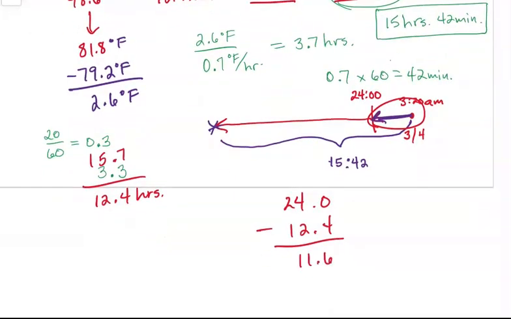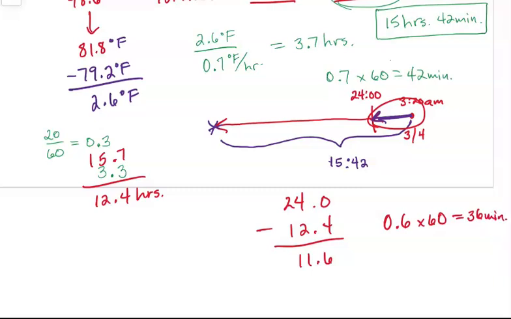Right? Okay? And so it's going to be 11 something a.m. on March 3rd. And then the only question becomes, all right, 11.6, what is 0.6 of 60? And that's going to be 36 minutes. Okay?